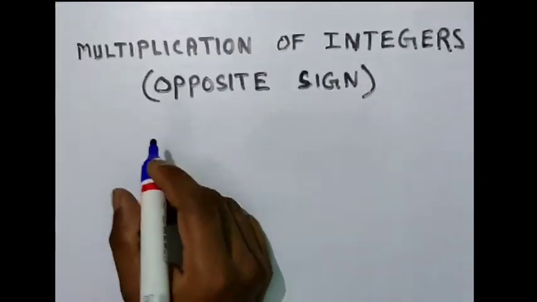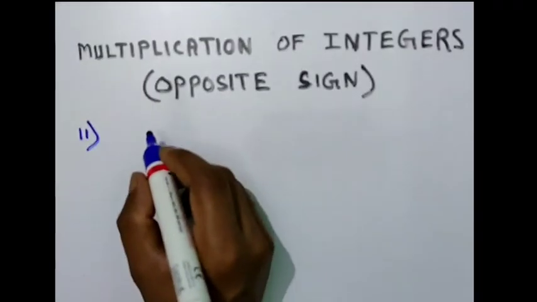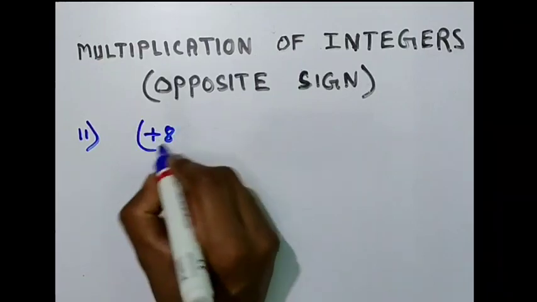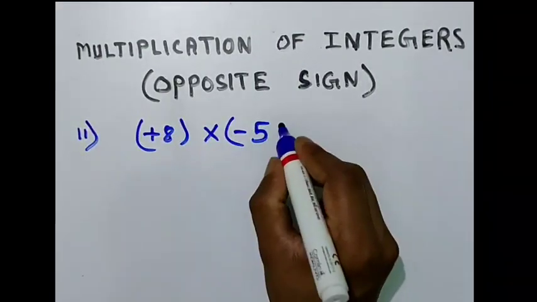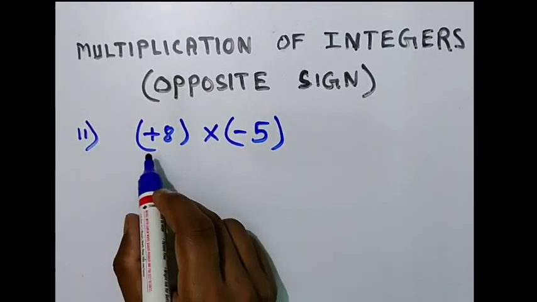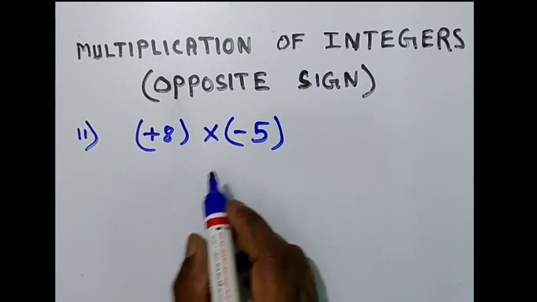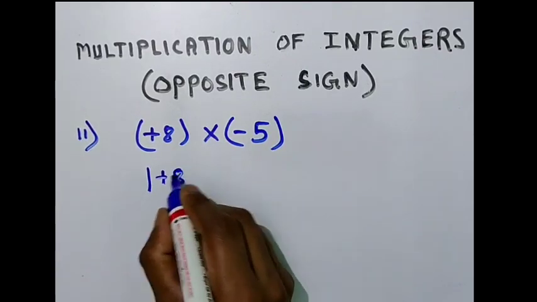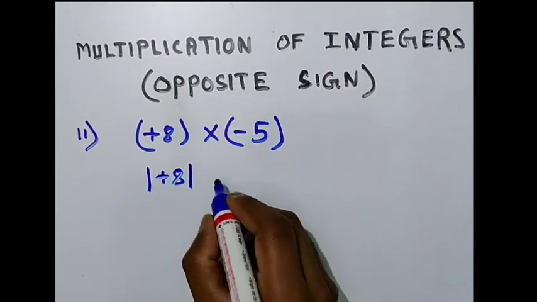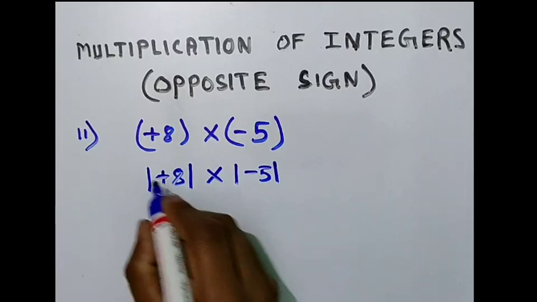So example 2. Positive 8 times negative 5. So here we have positive 8 and negative 5. Both are opposite signs. So let's find the absolute value of positive 8, and we'll find the absolute value of negative 5.